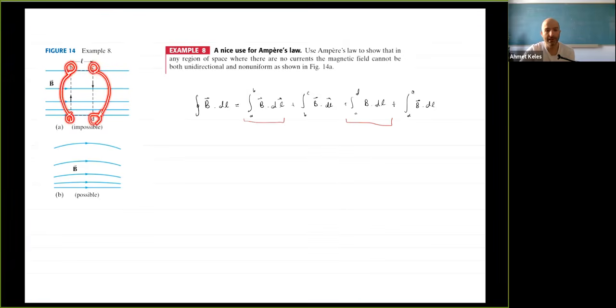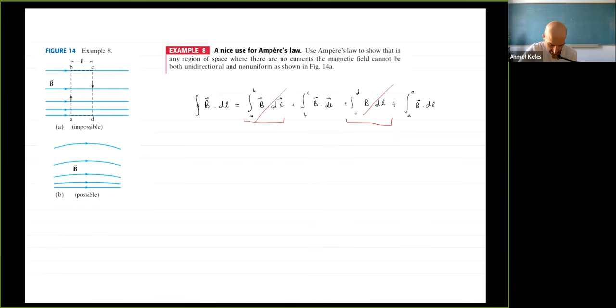What do you get if you do these two line integrals? 0, right? Why? Yes, exactly. B and L are perpendicular, so you don't have any contribution from this guy or this guy.